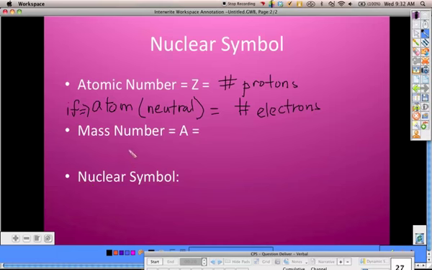We also write our nuclear symbols with the mass number A, which is the number of protons plus the number of neutrons. Now on the periodic table, let's look at helium. 4.00260 is my mass.